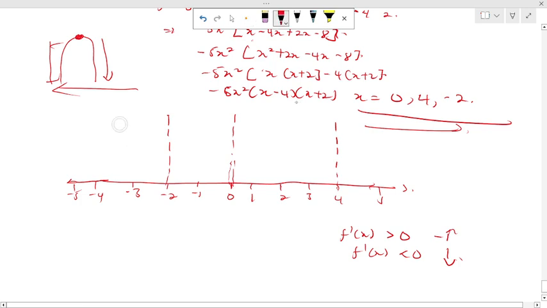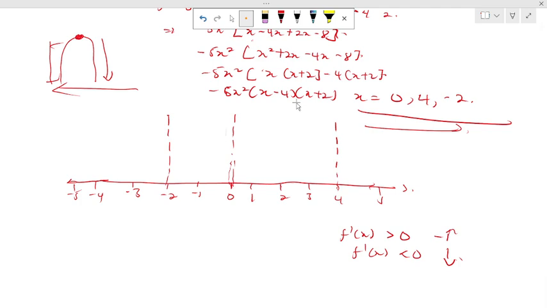If you realize that the gradient function is negative here, then you say that this interval is a decreasing interval. You take any random number from this interval as well. If it happens that our gradient function is greater than 0, you say that it's an increasing interval.